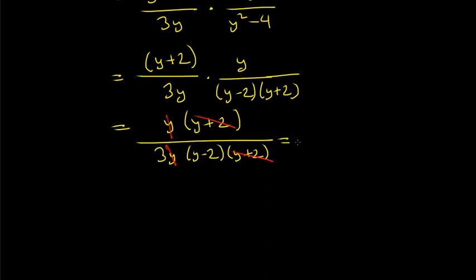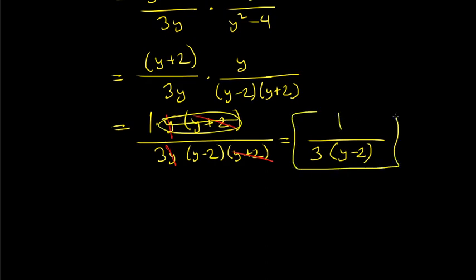Still yellow. So the denominator is clearly just 3 times y minus 2. What's the numerator? Yeah, we canceled everything. We canceled the y and the y plus 2. But what's left over is this invisible 1 in front. You're multiplying 1 times y plus 2. You cancel the y and the y plus 2, leaving you with the 1. It's not 0, it's 1.